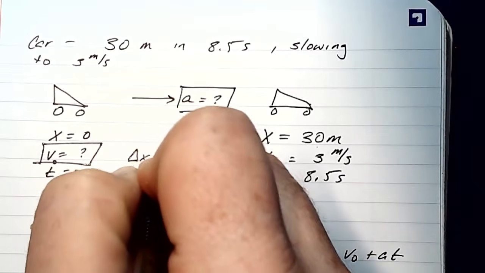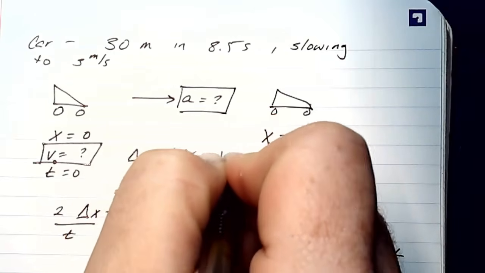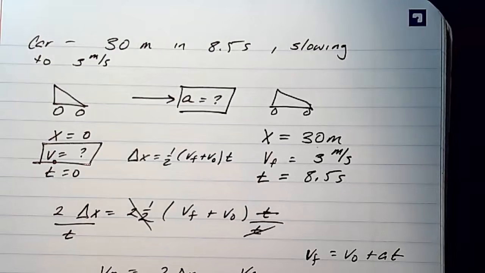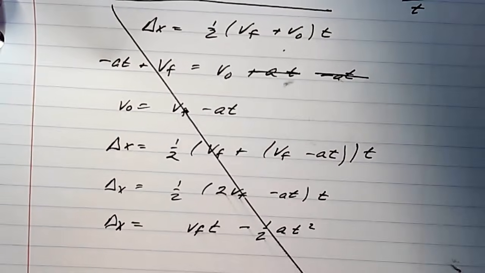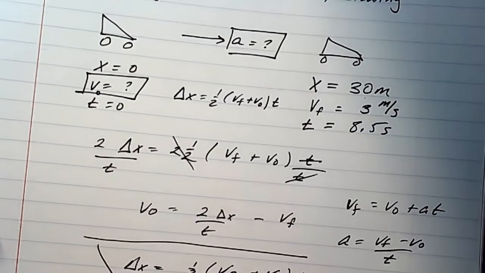Delta X is 1/2 V final plus V initial times T. If we have enough information, that's great. If we don't, then we're going to have to find something else, right? Or we're going to have to do like we did here, is use 2 equations to build a third one, solve some system of equations.